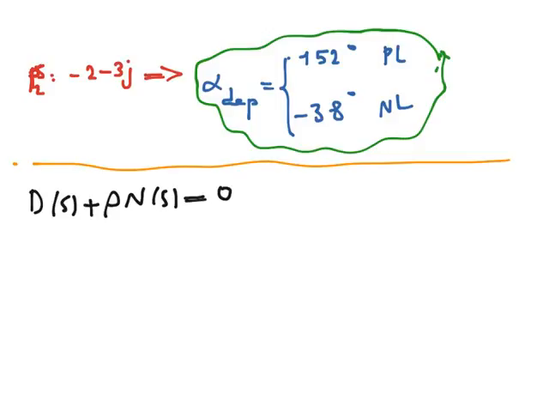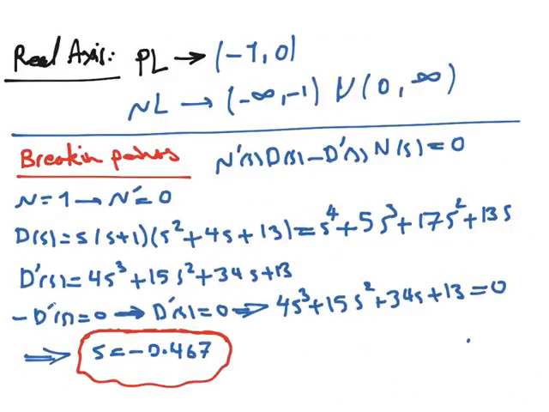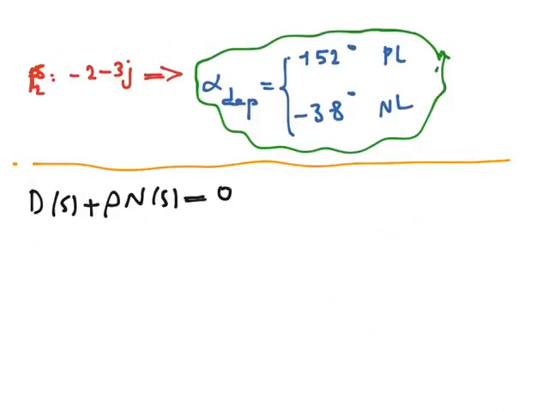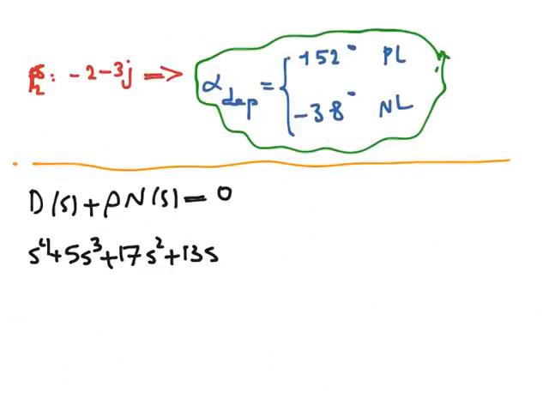In this case, D(s) is what we already have obtained in the simple format: s^4 plus 5s^3 plus 17s^2 plus 13s, if I'm not wrong, let's double check, plus rho times N, in which N is equal to 0. So this is our equation.